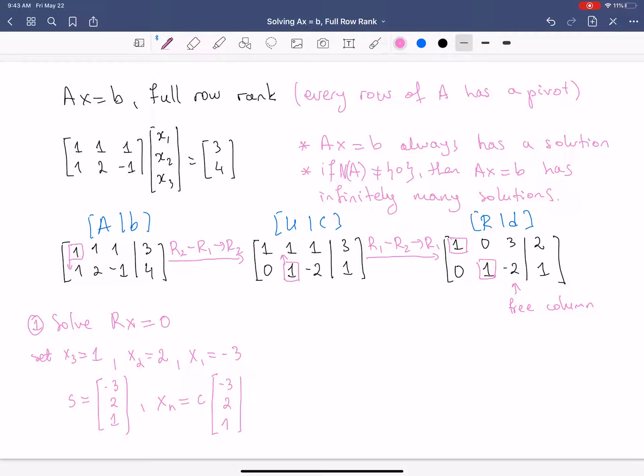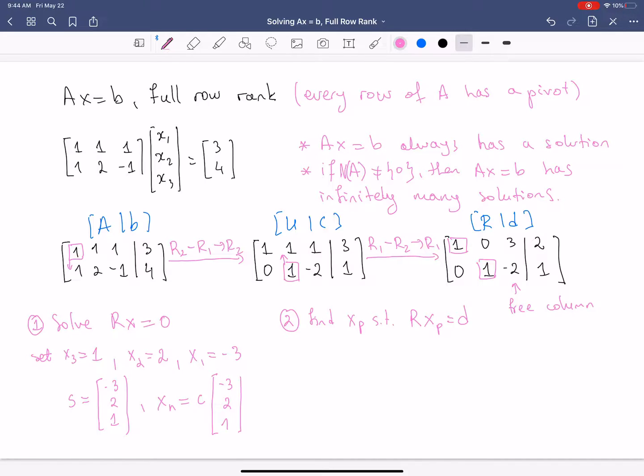Then once we have solved Rx equals 0, our second step is to find one particular solution, xp, that solves Rxp equals D. This is equivalent to Axp equals b. So how do you do that? Well, again, you want to find just one, and a special particular solution will only involve the pivot columns.